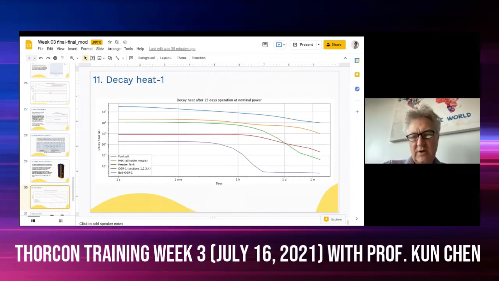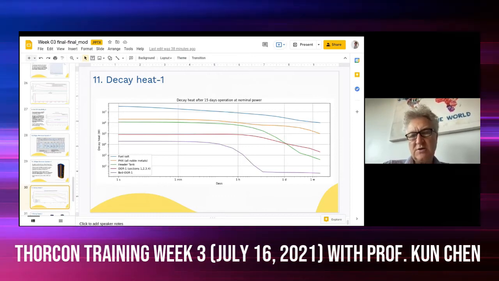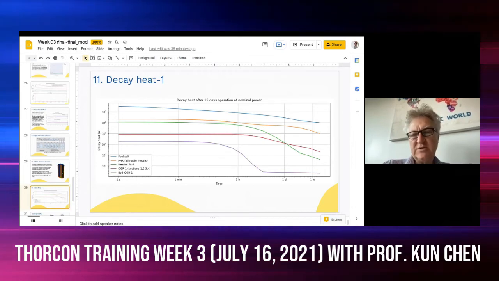The turbine is a sliding pressure design. So when you change load, you don't change the temperature of the steam that the turbine sees, you change the pressure.